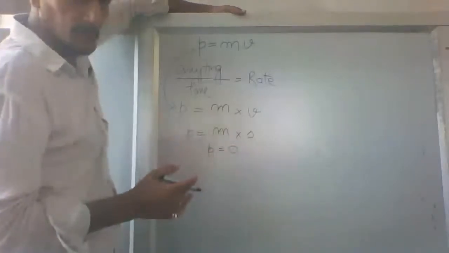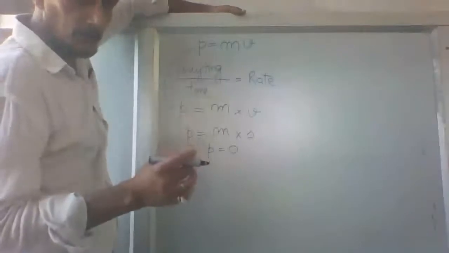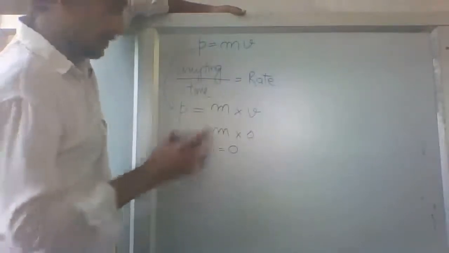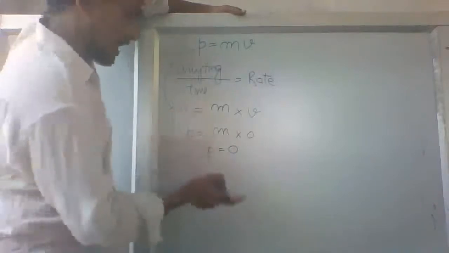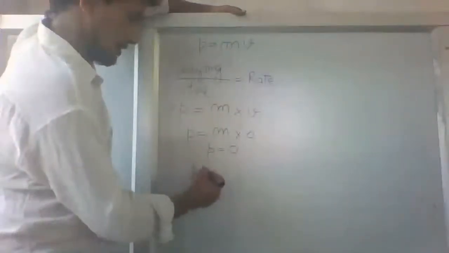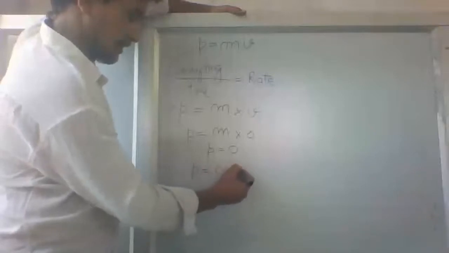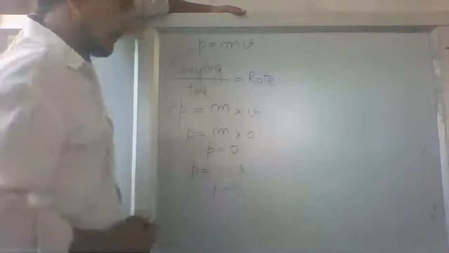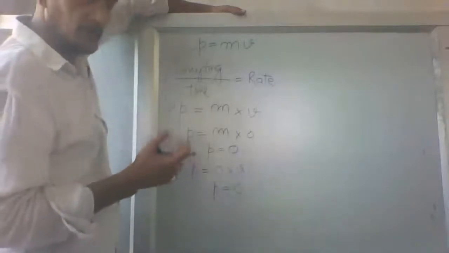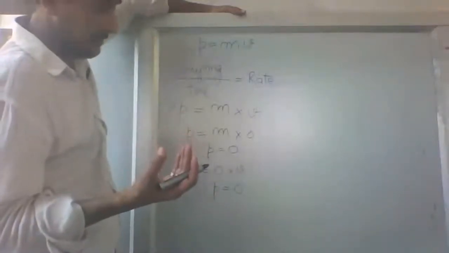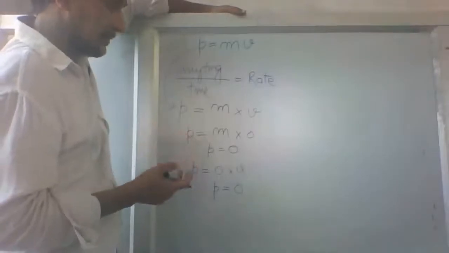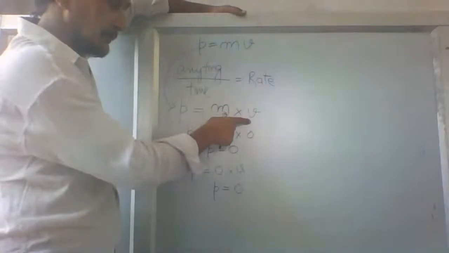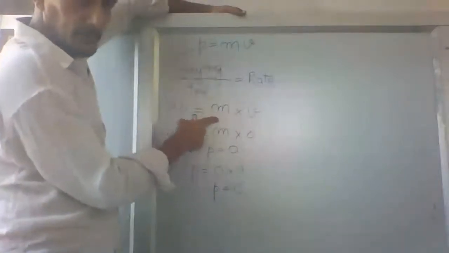It means a stationary object does not have momentum. Second, if mass is 0, then 0 multiplied by v again turns p into 0. Momentum is again 0 if there is no mass in the body. Got it? For momentum to be 0, there should either be no velocity or no mass.